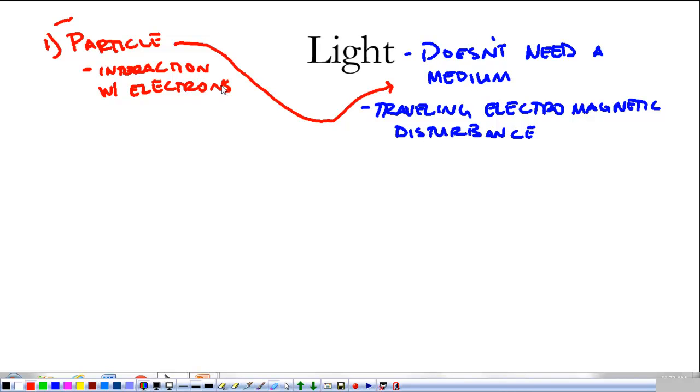That's absorption and emission spectrum stuff that you all talked about last year in chemistry, where a light wave comes in, hits an electron, and moves it up to a different energy level. It's easier for us to think of light as a particle that way.